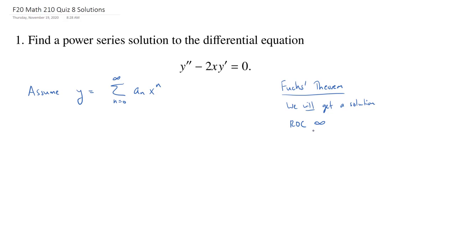Now, the question didn't ask us to get the radius of convergence here, but I just think it's a nice thing to point out as long as we're using Fuchs' theorem.